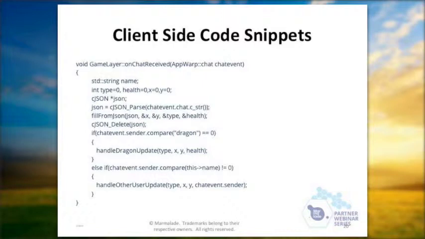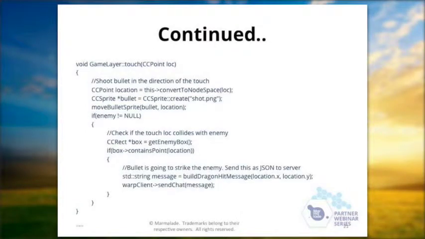Right. Next, we see how the client shoots. Now, to shoot at the dragon, the client simply has to tap on the screen. So we catch the touch event and move a bullet accordingly.